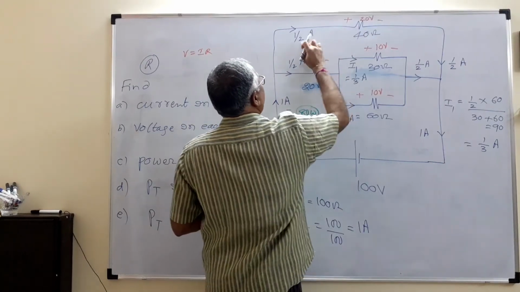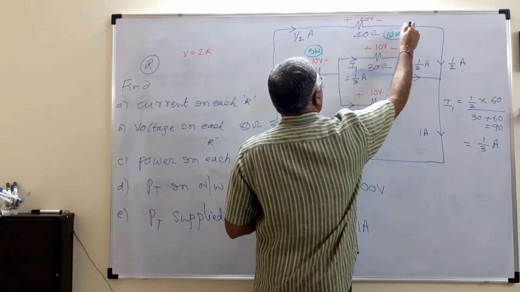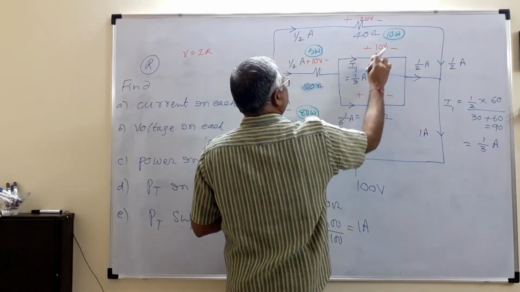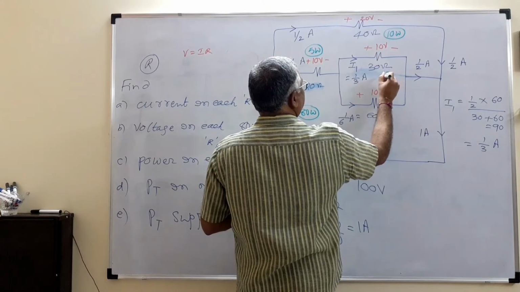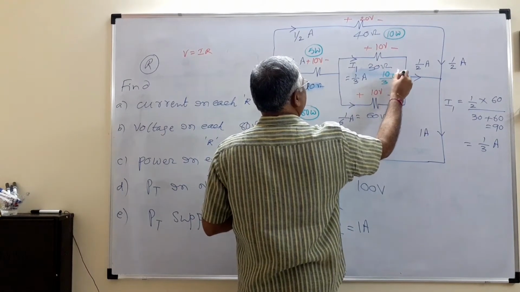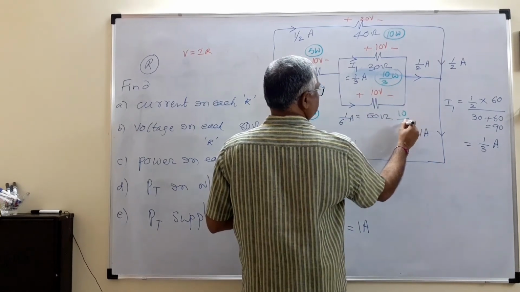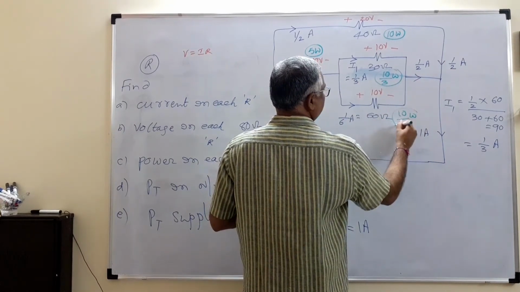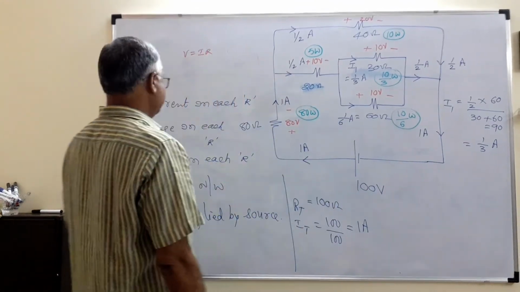Then 20 into 1 by 2, 10 watts. Then 10 into 1 by 3, 10 by 3 watts. This is 10 by 6 watts. That is the power in each resistor.